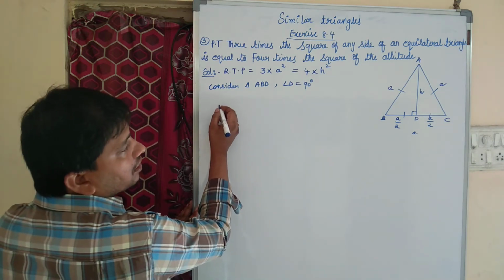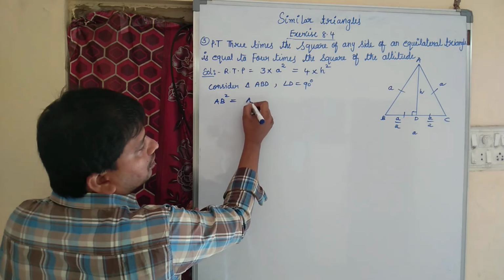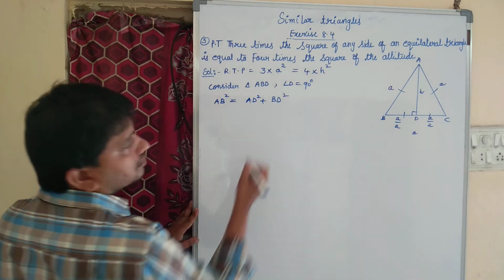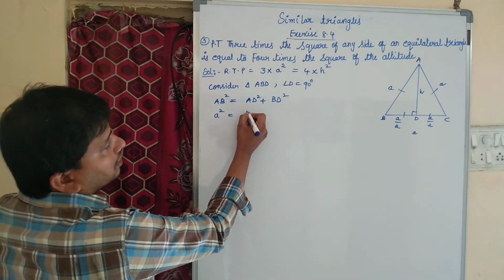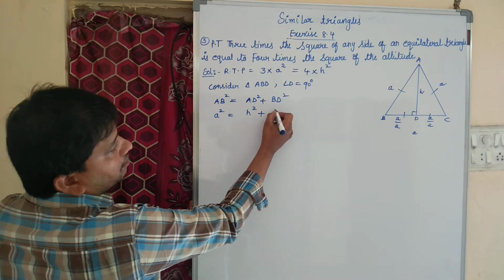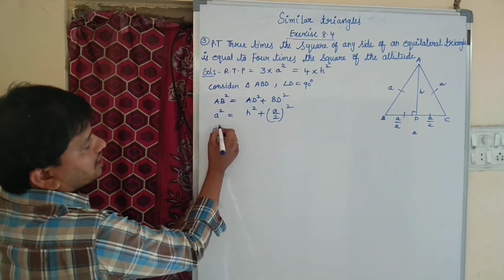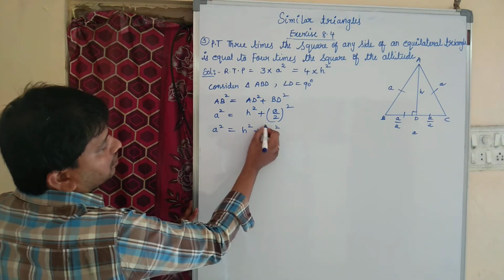So right angle is at D, so hypotenuse is AB. AB square equal to AD square plus BD square. As the side of the equilateral triangle is a, a square equal to AD, which is h, square, plus BD, which is a by 2, whole square. a square equal to h square plus a square by 4.